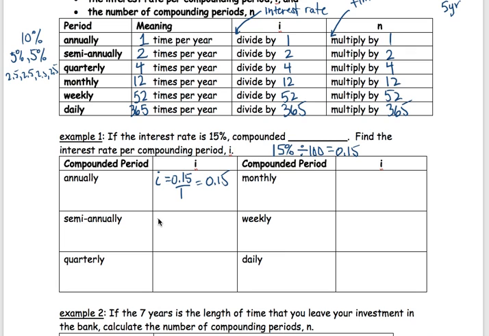Okay, here's the next one. Again, we have 15%, but I want to be paid out semi-annually, so that means twice a year. We're going to take the 15 and chop it up so that it's twice a year. So what would half of 15 be? If it's twice a year, you divide by 2, and you'll get 0.075.